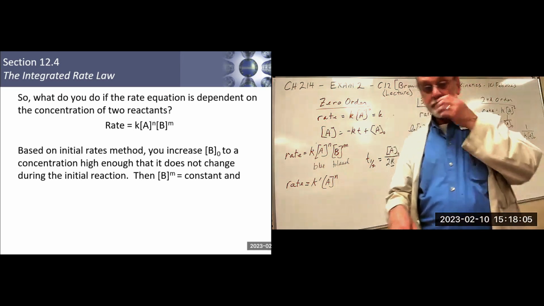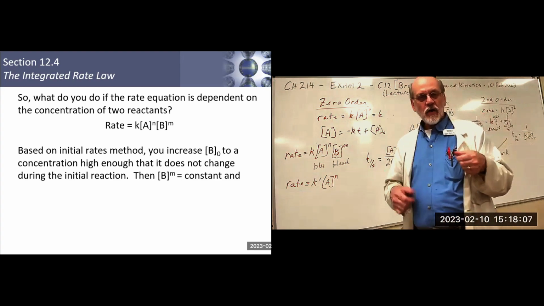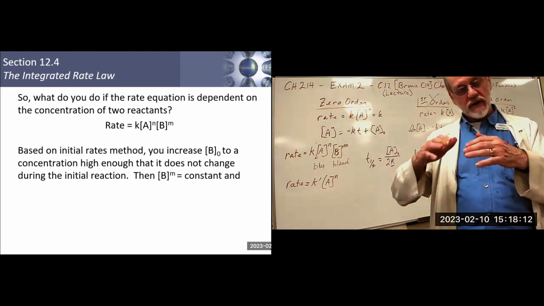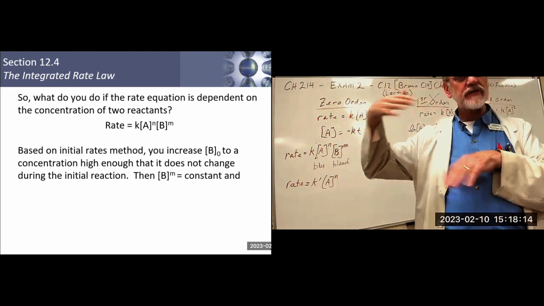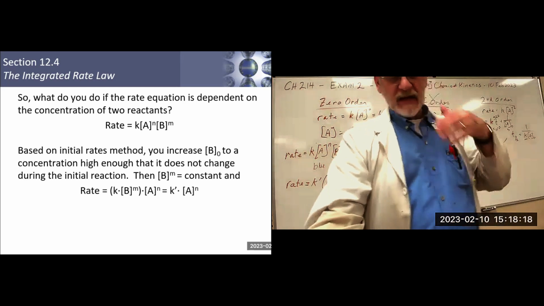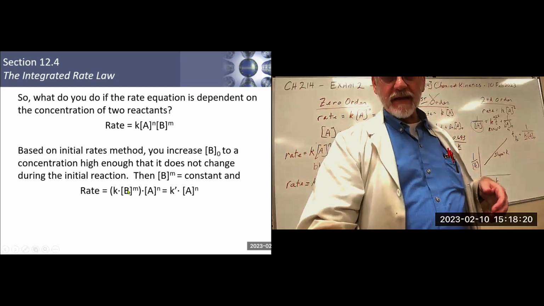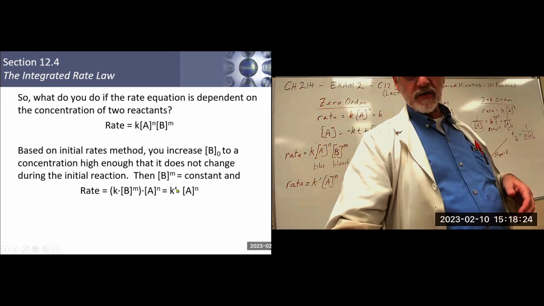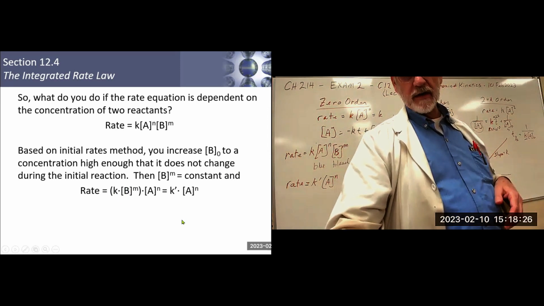So let's get back to this. When we let one of those factors increase concentration so that it doesn't change during the reaction, then in effect we're combining the concentration and its power of B into the K value. So we get a pseudo rate constant here.